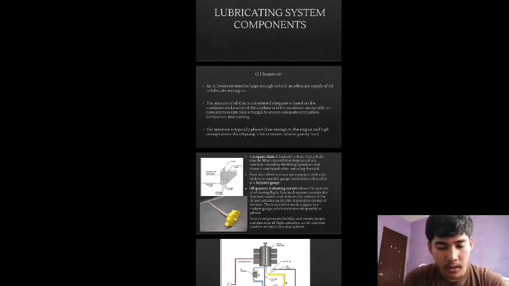Oil quantity indicating system shows the quantity of oil during flight. One such system consists of a float mechanism that rides on the surface of the oil and actuates an electric transmitter on top of the tank.